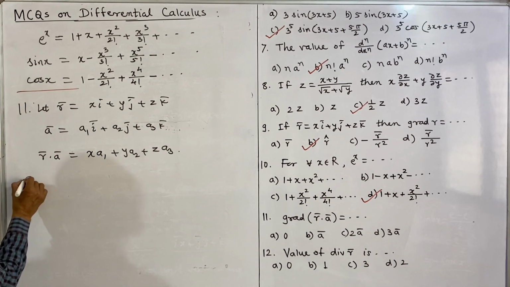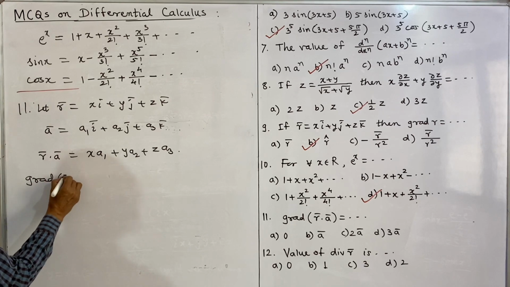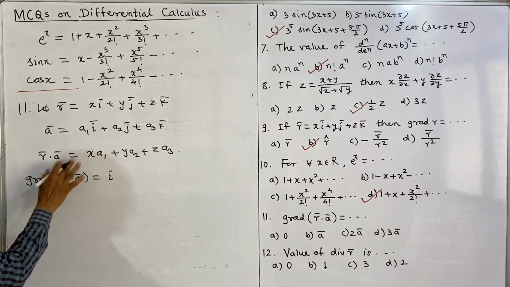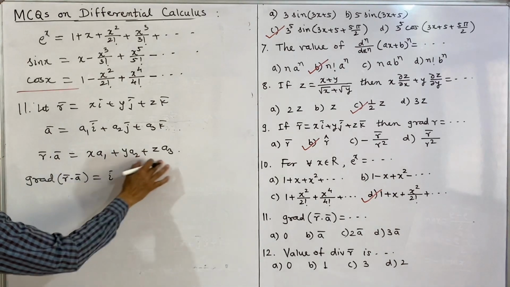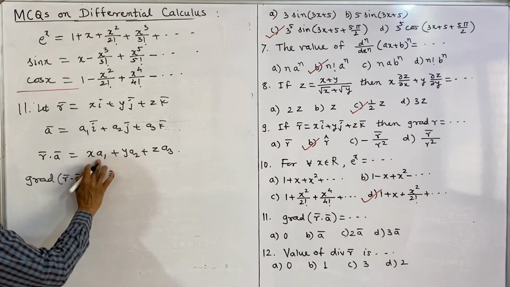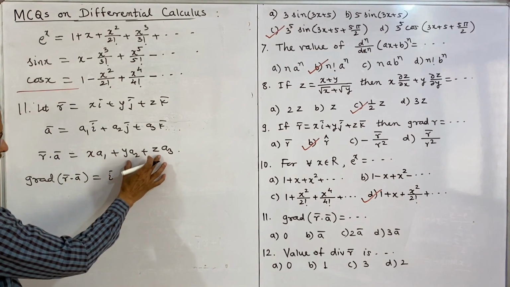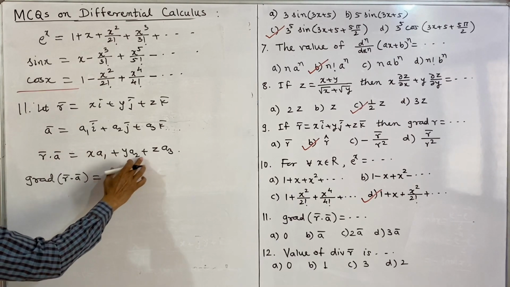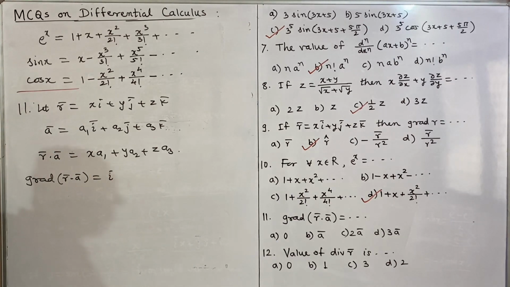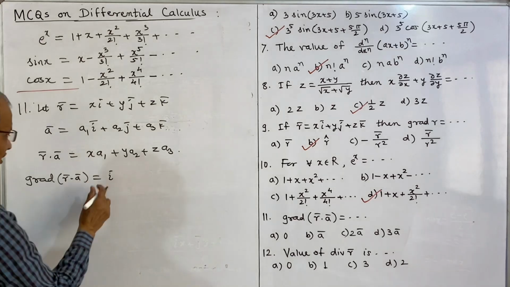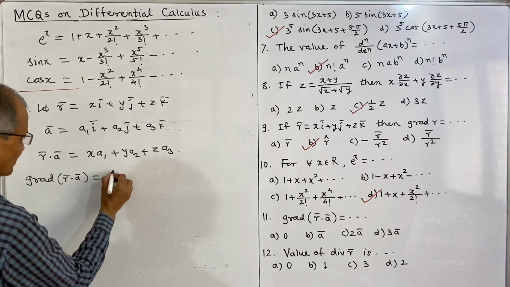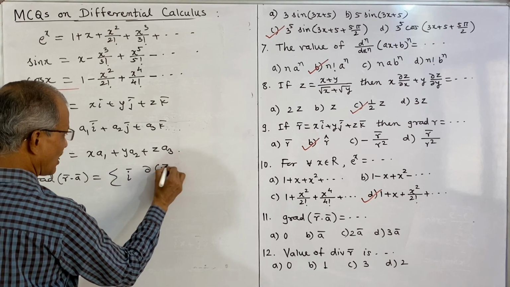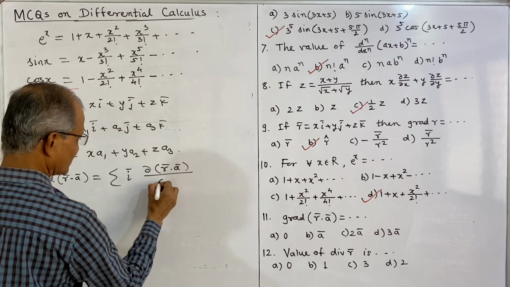Then the gradient of r bar dot a bar is equal to i times the partial derivative of this with respect to x, and so on. The partial derivative with respect to x is only a1, and y a2 and z a3 vanish, since a2 and a3 are constants when we differentiate partially. It can be written as summation of i dou of r bar dot a bar by dou x.